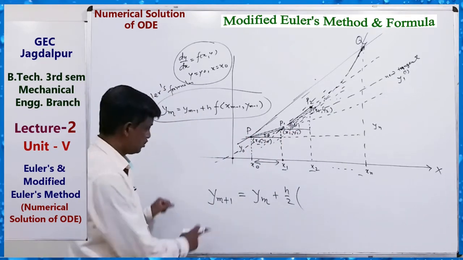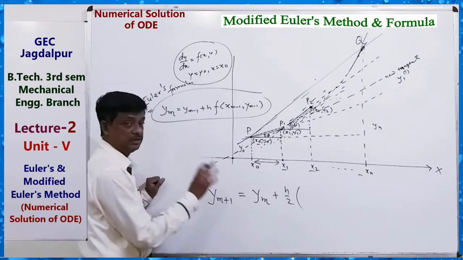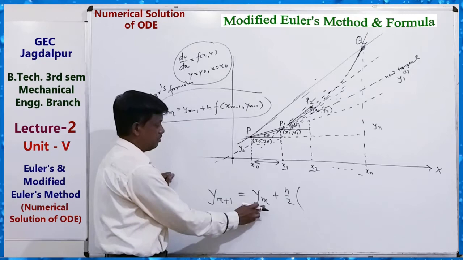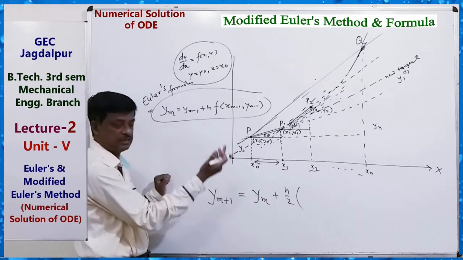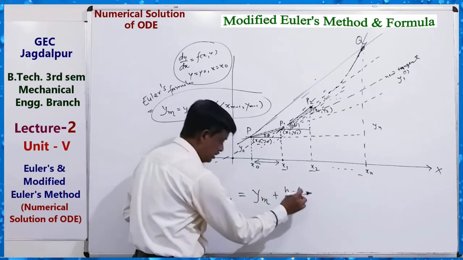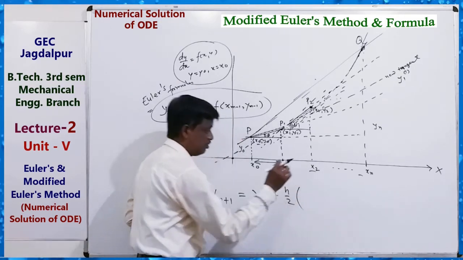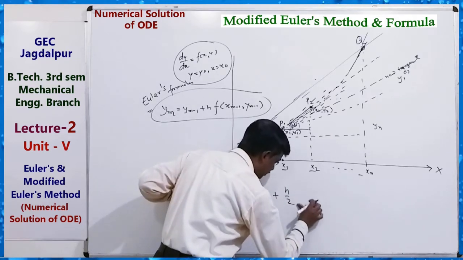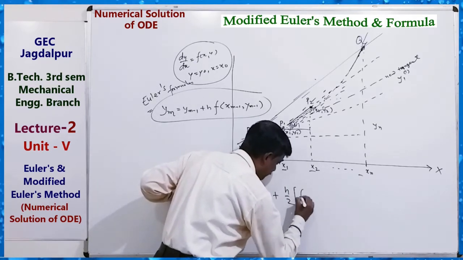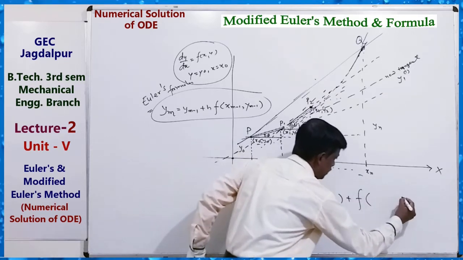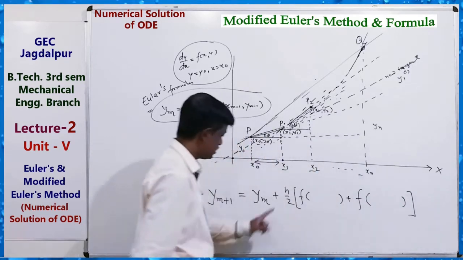Clear? So y(m+1) is equal to y(m), where m plus 1 is here and m is one less. Here the first value of f plus the second. This is the modified Euler formula.